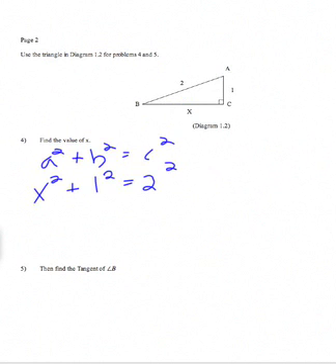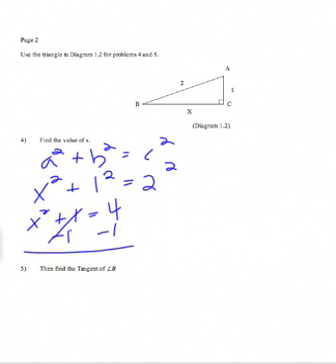So x squared plus 1 equals 4. Now we have a simple problem where we want to isolate the variable x, or x squared in this case. So we're going to subtract 1 from both sides, and we're left with x squared equals 3.